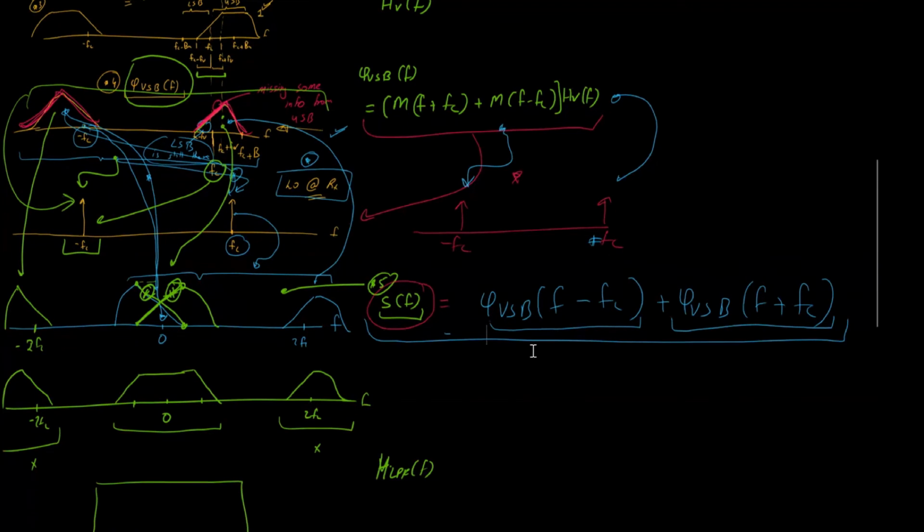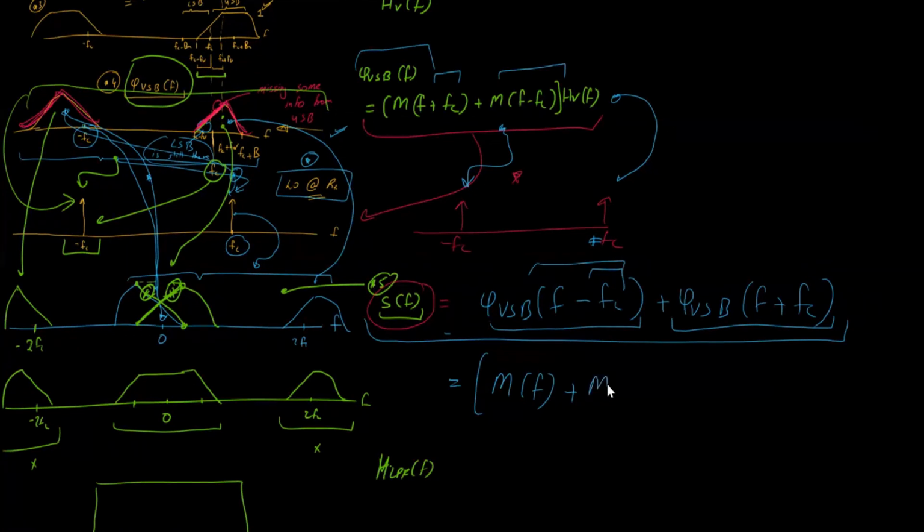So let us expand this phi VSB of f minus fc. Note that this is our phi VSB of f. So if we expand this phi VSB of f minus fc, we have a minus fc over here, and then we have a plus fc over here. So we would have M of f plus again over here, and this fc.